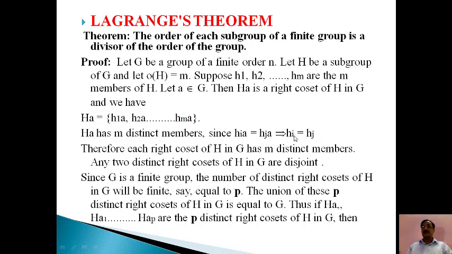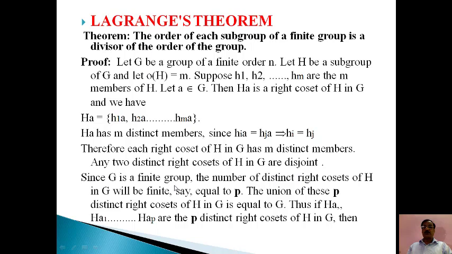This implies Hai equal to Haj. Therefore, each right coset of H in G has m distinct members. Any two distinct right cosets of H in G are disjoint, as we know from the last result.